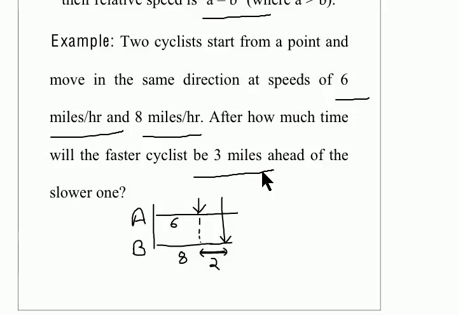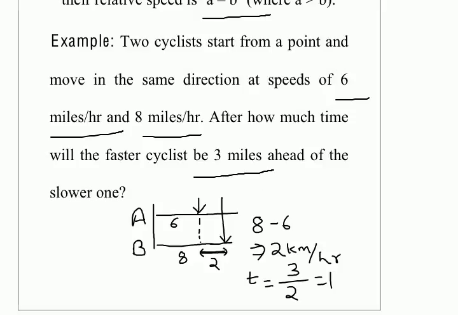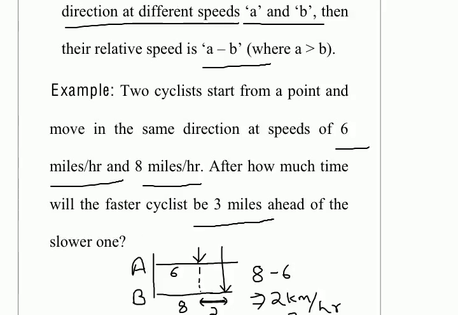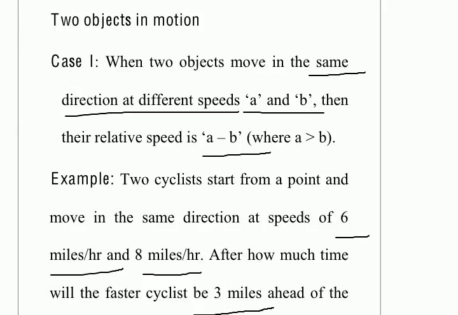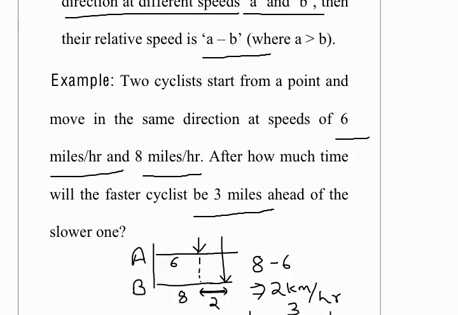So time equals distance, which is 3, and speed, here we're talking about relative speed, 3 by 2, so this is simply 1.5 hours. Just a simple example to consolidate the concept of relative speed.